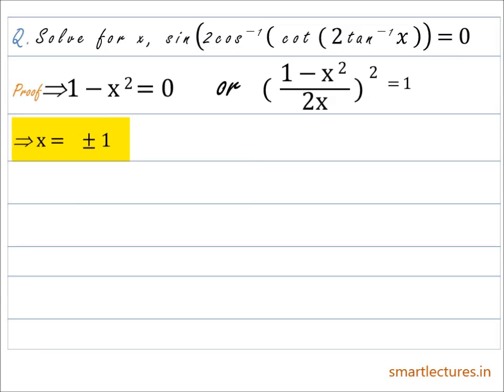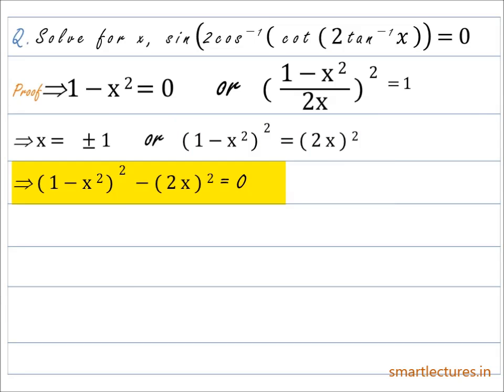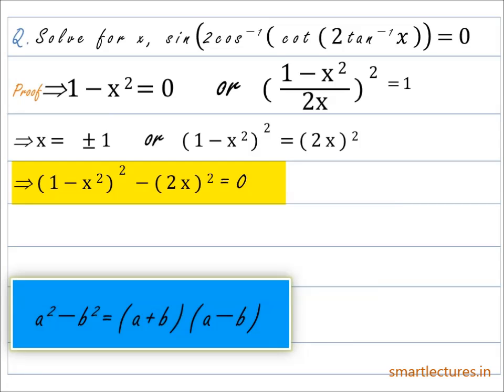And for the second expression, 1 minus x square whole squared is equal to 2x whole square. Now taking 2x whole square to the left hand side, the equation becomes 1 minus x square whole squared minus 2x whole square is equal to 0. And now a square minus b square is equal to a plus b into a minus b.